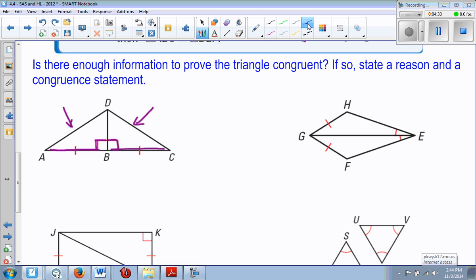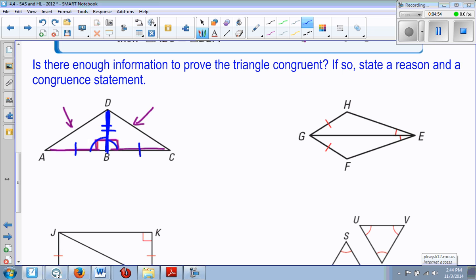Unfortunately, we don't have a math reason why those are congruent, but we do have a math reason why this shared side down the center is congruent. Those are congruent because of reflexive property. Therefore, if you look at the information I have, I've got the shared side down the center, I've got the pre-marked sides from the beginning of the problem, and I've got these two right angles down here that are congruent.